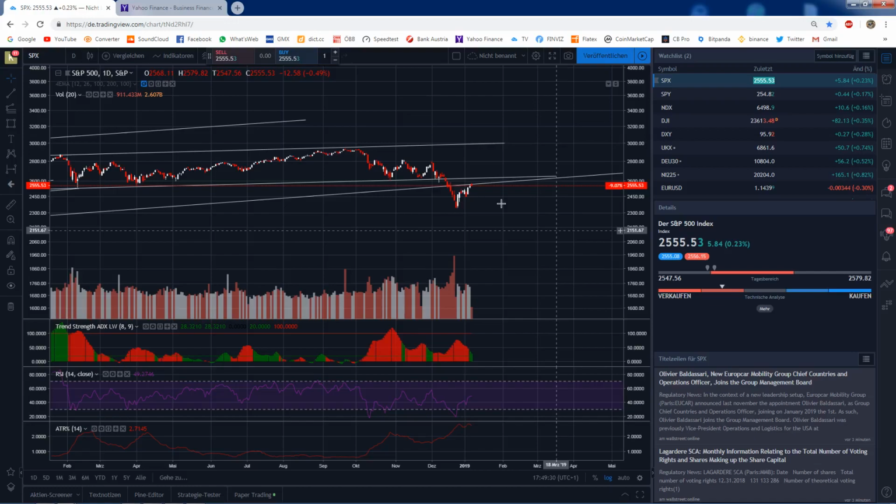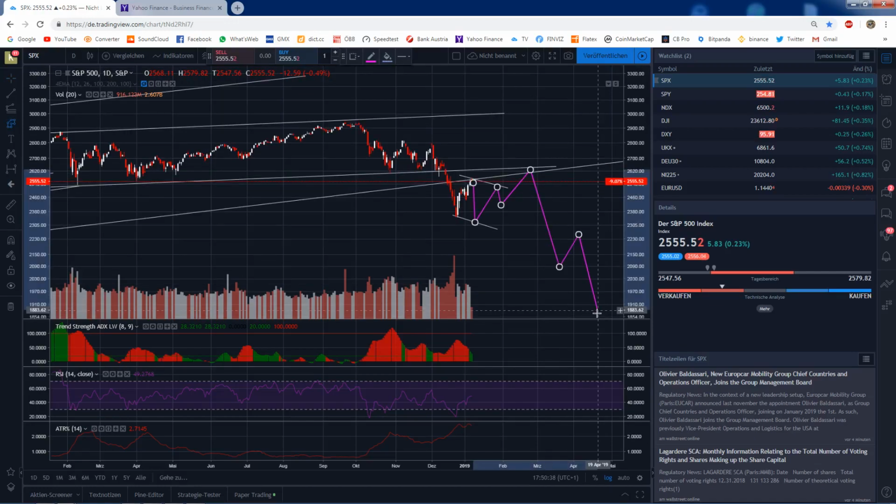So we could move like this, see it break out, retest the trend line plus this area, so our trend line plus the bear flag. Move to about here, and after that see it drop and move back down again like that. So this would be the exact movement of '08.